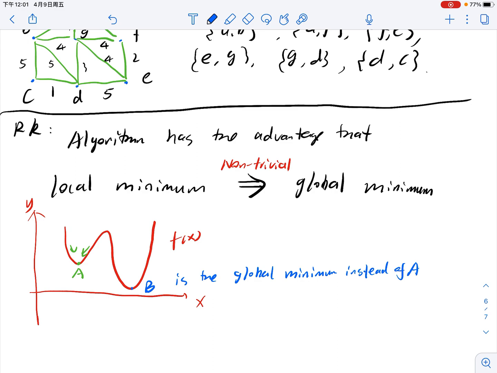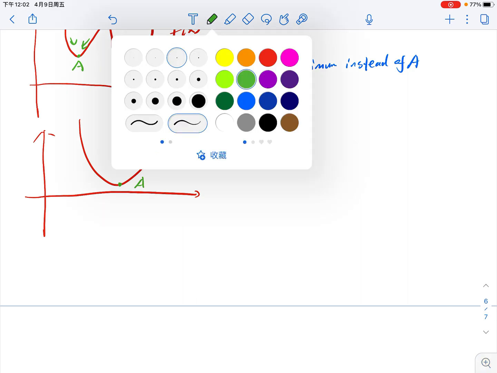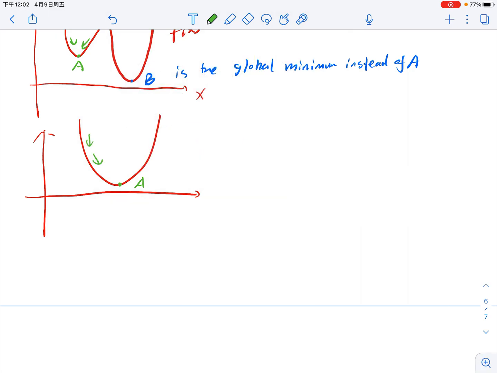If you study equilibrium, natural equilibrium, global equilibrium and some other theorems, this might be the case. But here, they find that even when we do local minimum, finally we still have the global minimum. So this is a pretty good case.